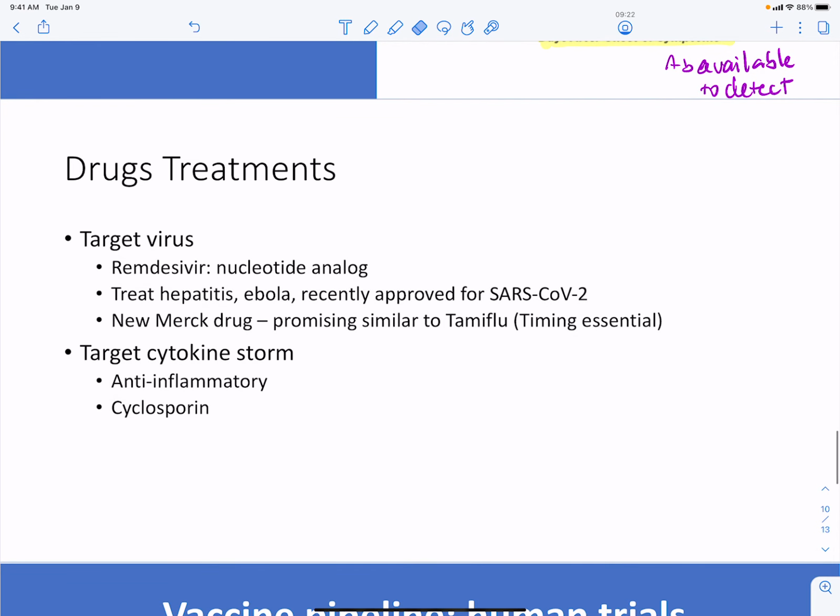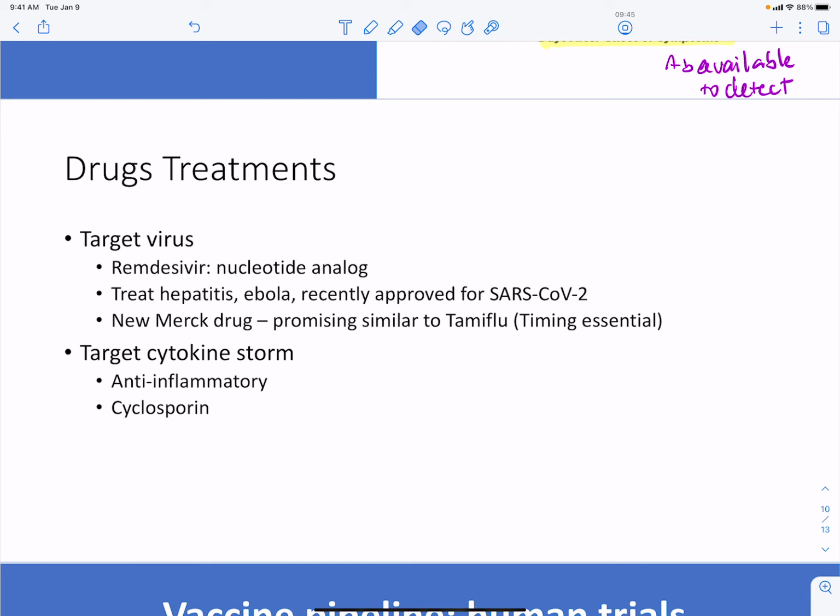Now, with respect to drugs and treatment, there is remdesivir, which is one of those nucleotide analogs. This remdesivir is also used for other types of infections. Recently, Merck came out with a new promising drug that they say may be similar to Tamiflu, but this timing has to be essential because Tamiflu has to be given within a period of time or else it is not effective.